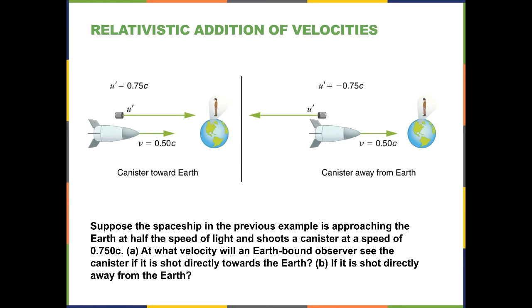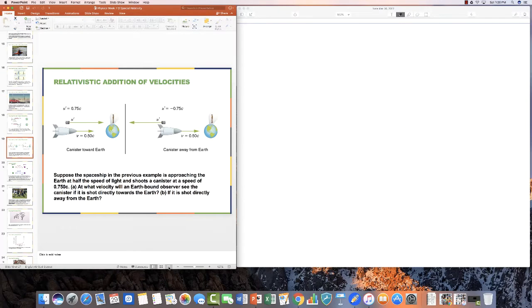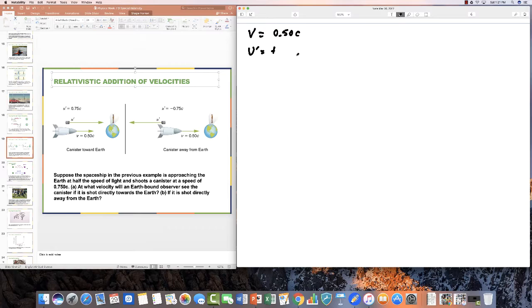And then if it's shot in the opposite direction, what would be the velocity of the canister? So let's take a look at how we would do that. First of all, v is going to equal 0.50 c, and u prime is equal to, in the first case, a positive 0.75 c.